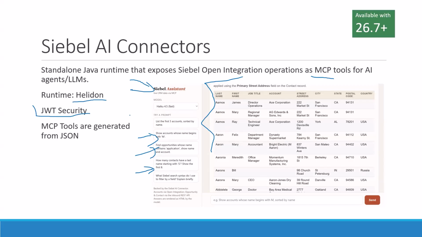Basically you must establish a user session with a correct Siebel user, authenticated, authorized. And if they don't have access to anything, the MCP server doesn't retrieve it, because it's Siebel REST in the end. Or it's actually open integration, but it's REST. So AI connectors fully support any kind of authentication like JSON Web Tokens, JWT.